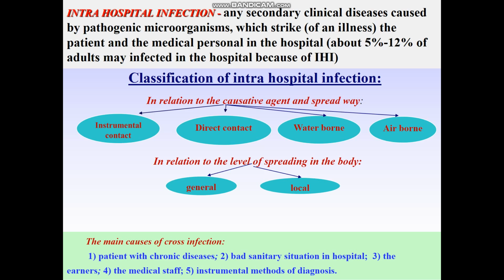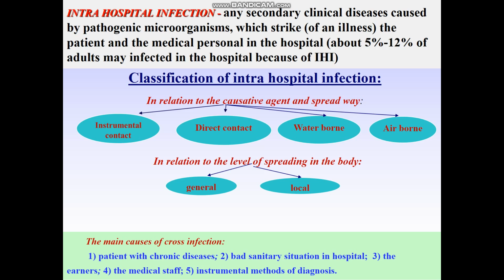Definition of intrahospital infection by the World Health Organization: intrahospital infection is a secondary clinical disease caused by pathogenic microorganisms which strike the patient and the medical personnel in the hospital. About 5% of adults may be infected in a hospital bed because of intra-hospital infection.